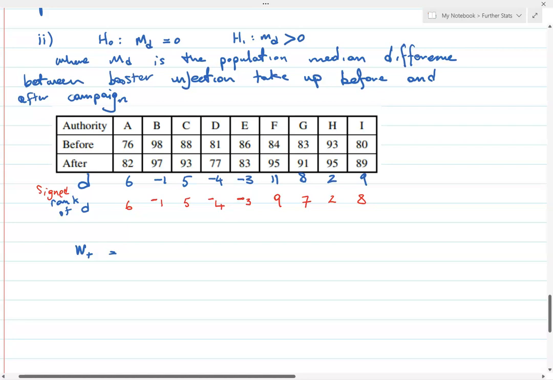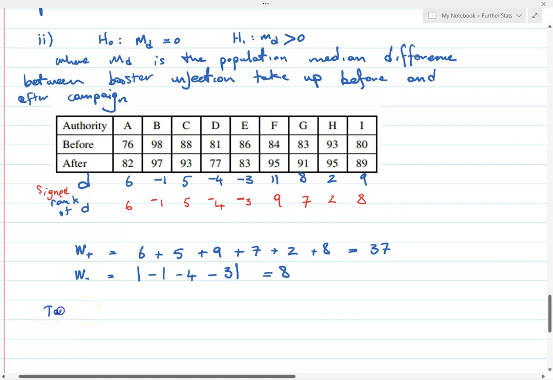So working out the positive ones first, that's 6 plus 5 plus 9 plus 7 plus 2 plus 8, and if you add those up you get 37. And then W minus, that's the negative ones added together, and then we can take the modulus at the end. -1 -4 -3, that's equal to 8. So that's our test statistic.